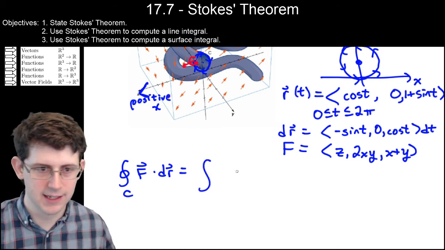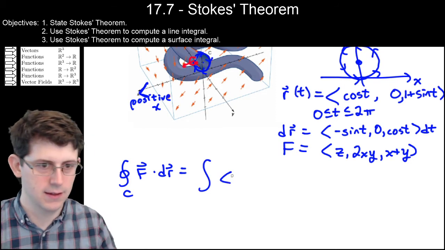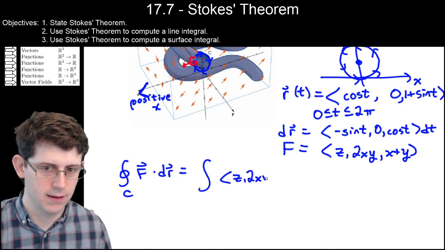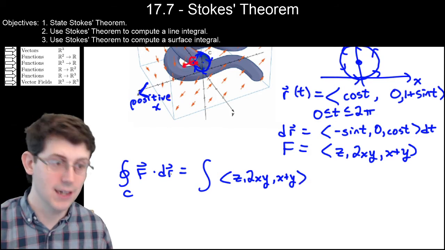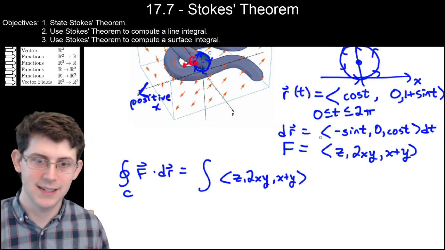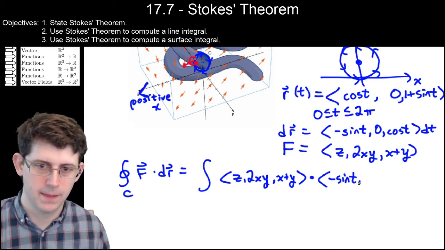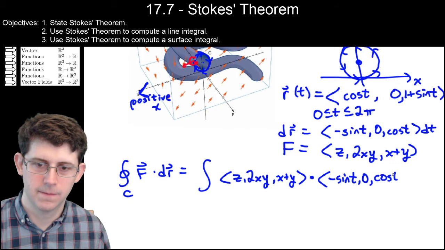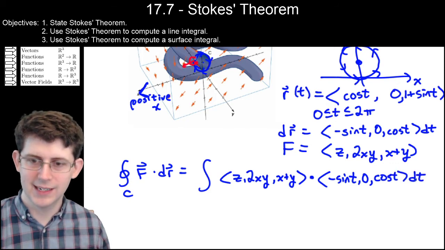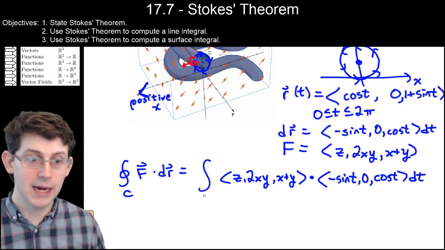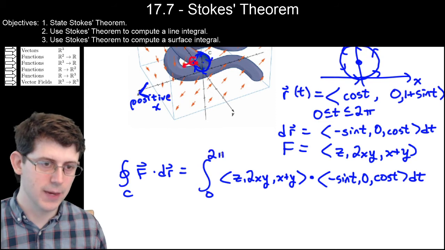F is this. What does dr mean? dr is the derivative of r dt. So here it is. Wait, it's a t integral. That means I need t bounds. So t bounds go from 0 to 2 pi.